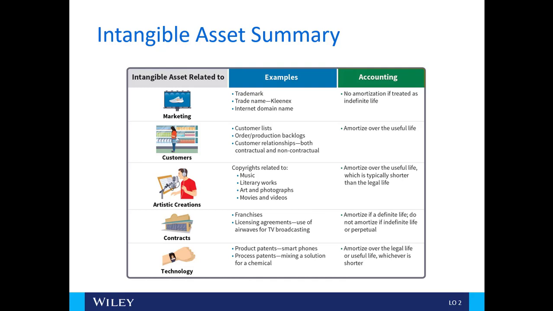Now, if you think the technology is going to become obsolete before the patent's legal life, then you would use the amortization over the useful life. How long do you think that will last before it becomes obsolete? Stuff that's on the cutting edge may not be on the cutting edge for that long. So even though it might have a 10-year legal life, it's not going to be 10 years before it becomes obsolete, so you would use the shorter amount.